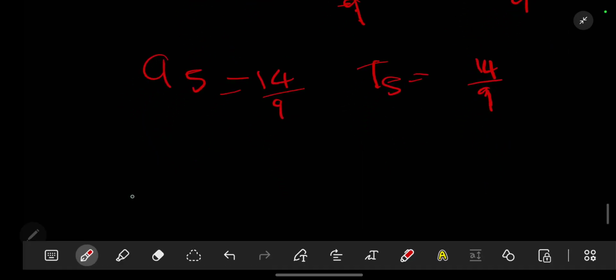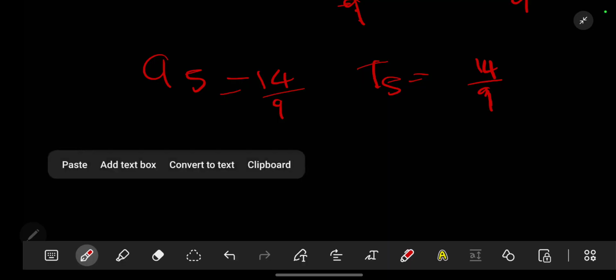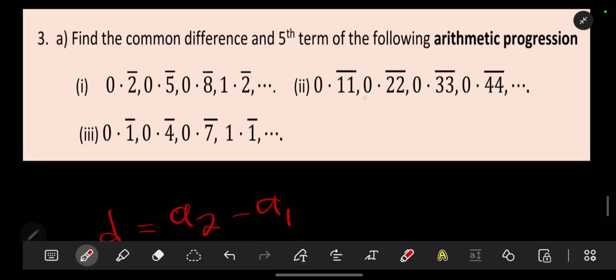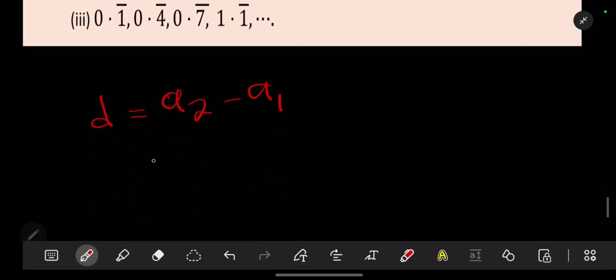So looking at the other example, we have this one, same approach. Difference is equal to term number 2 minus term number 1. So this minus this. So we have 0.22 bar minus 0.11 bar. Even if it was just like this, it is still the same because there is a bar.